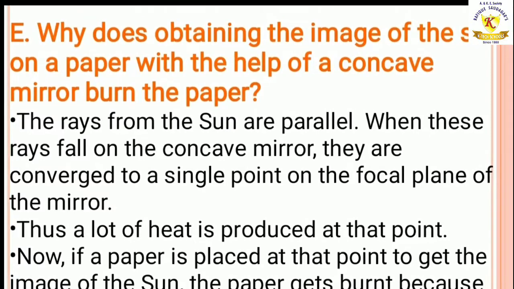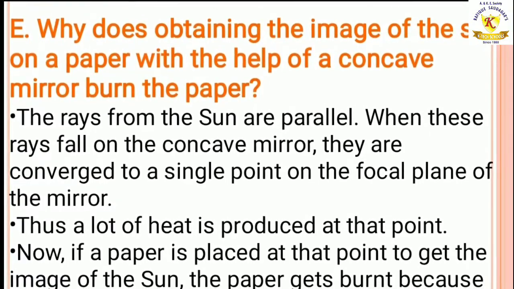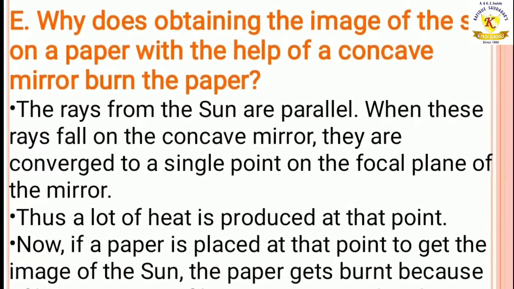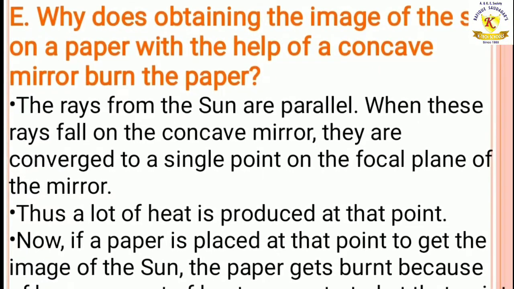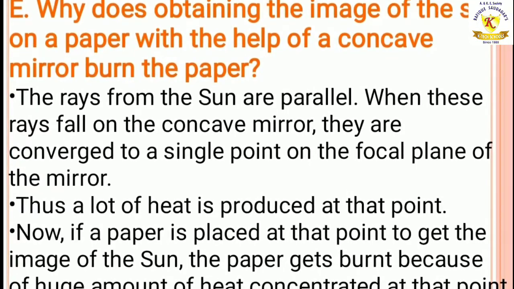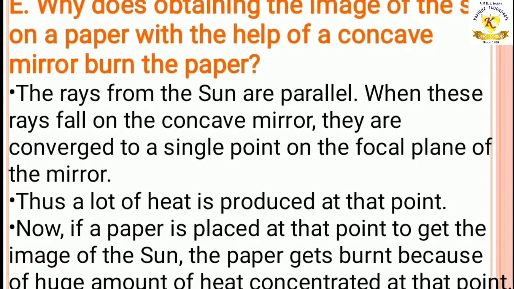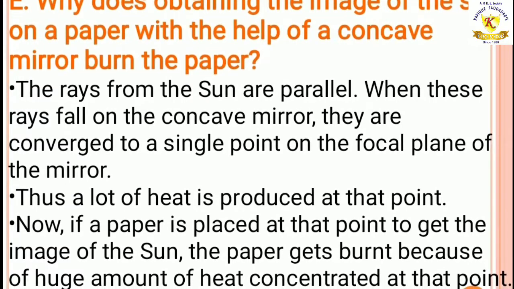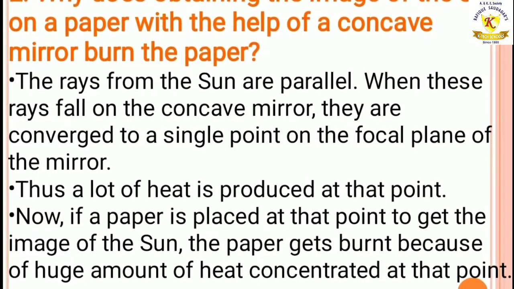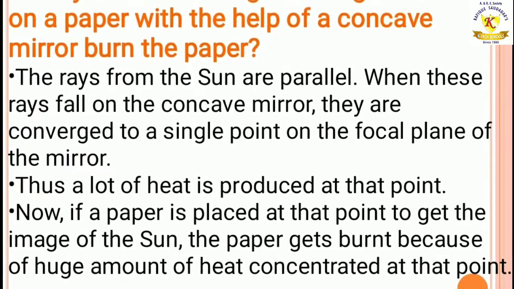Why does obtaining the image of the sun on a paper with the help of a concave mirror burn the paper? You must have done this, children. So the answer is, the rays from the sun are parallel. When these rays fall on the concave mirror, they are converged to a single point on the focal plane of the mirror.